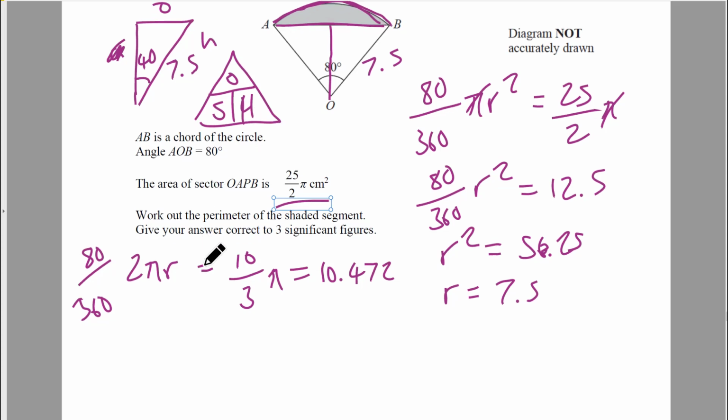So that gives us opposite equals sine 40 times 7.5, and that's going to give us this length here, so we'll double the answer at the end.